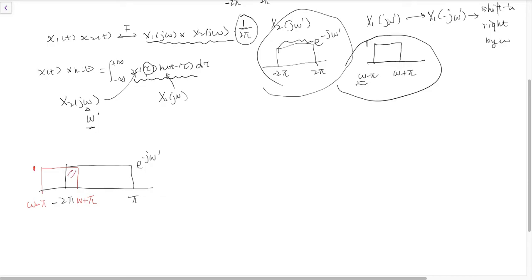So this is our first overlap. In our case, it's when omega minus pi is smaller than negative 2 pi, which is smaller than omega plus pi. And we were able to find our first interval: omega from negative 3 pi to negative pi.